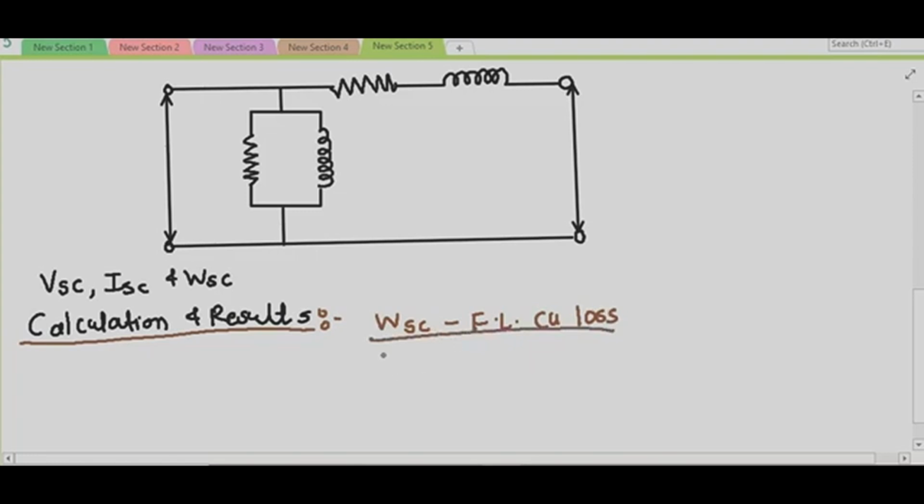Voltage applied across the primary winding of the transformer is very small. So the flux density in the transformer core is also small, right? Voltage applied across the primary during the short circuit test is very small.